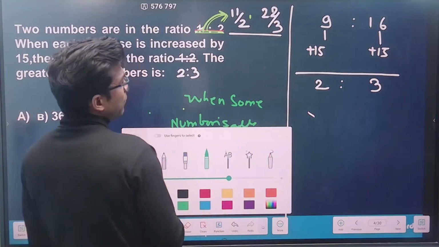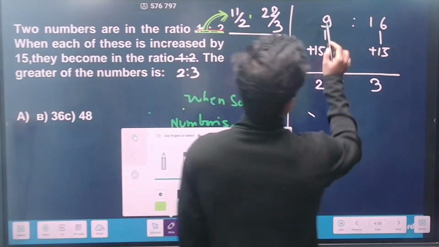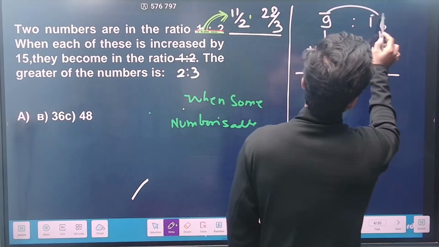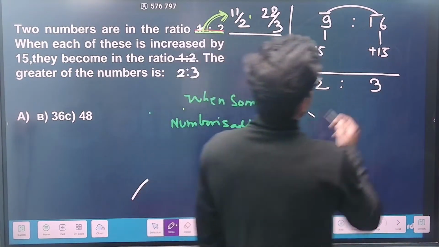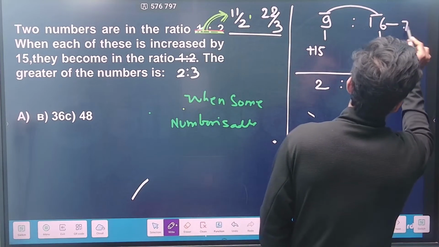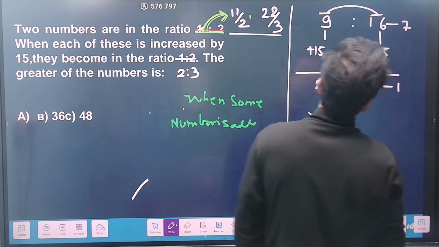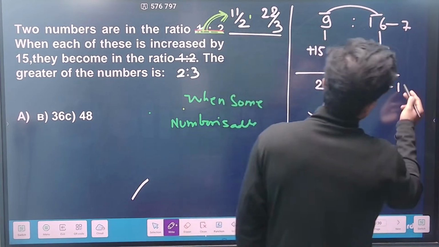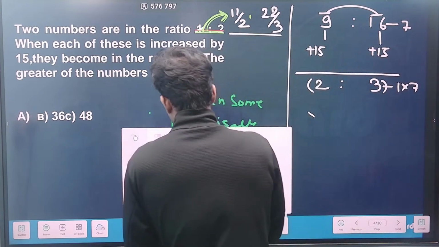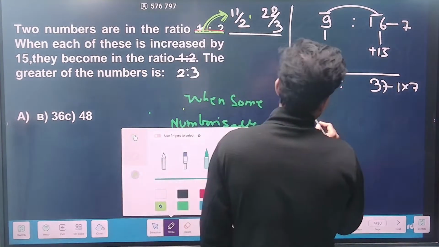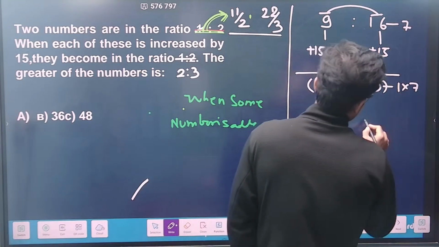To make the difference equal, the difference here is 7, and here the difference is 1. So you multiply this whole part by 7. This becomes 7 twos are 14, and this becomes 7 threes are 21.